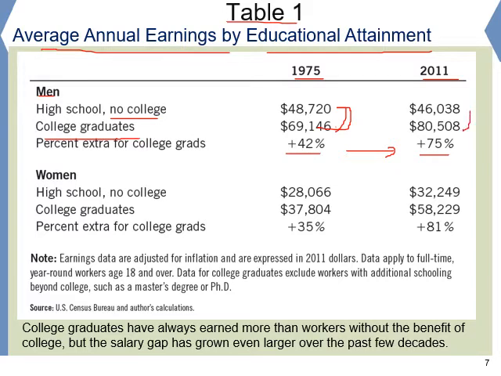You can compare these two numbers. On the other hand, women with a college degree earned 35% more in 1975 than women with no college degree. This gap increased to 81% in 2011. You can see that by comparing these two numbers.